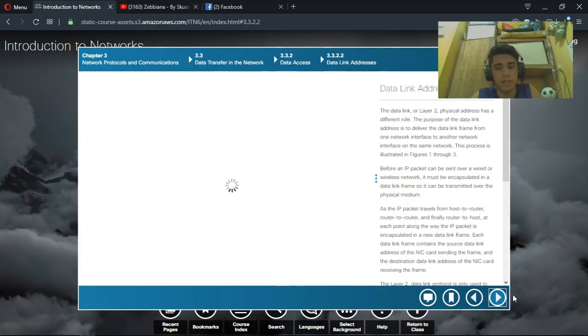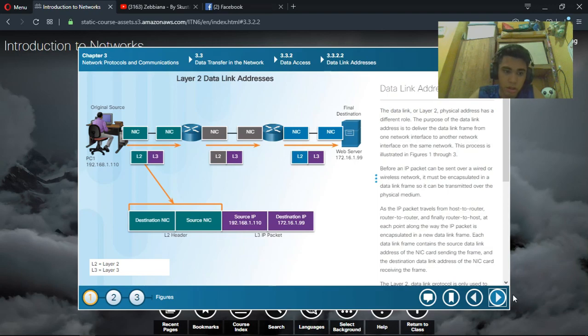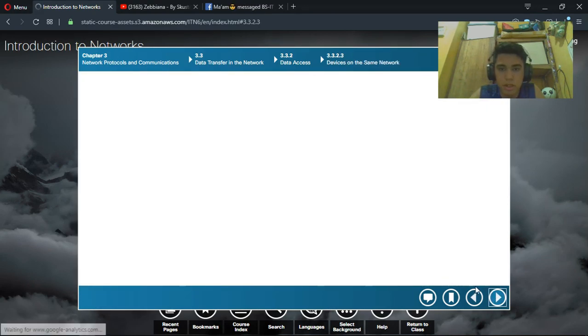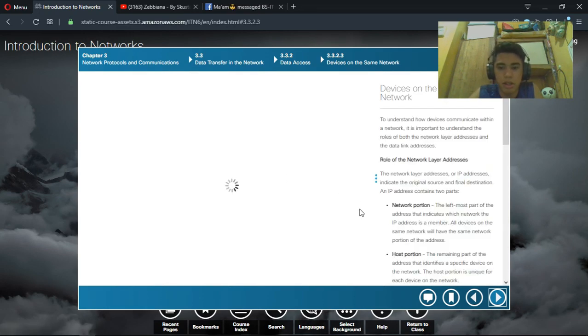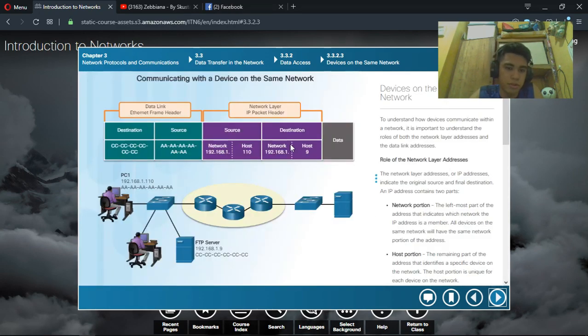Data link addresses. Okay, let's proceed. Device and simulator, network portion and host portion. This is the network portion.